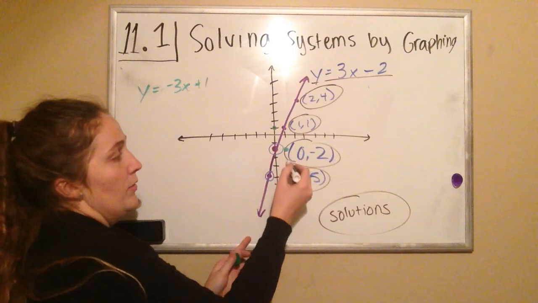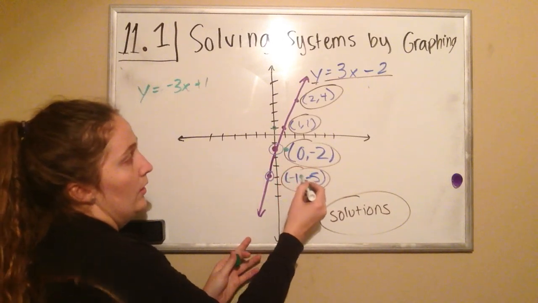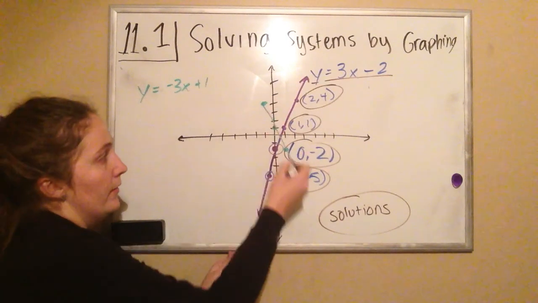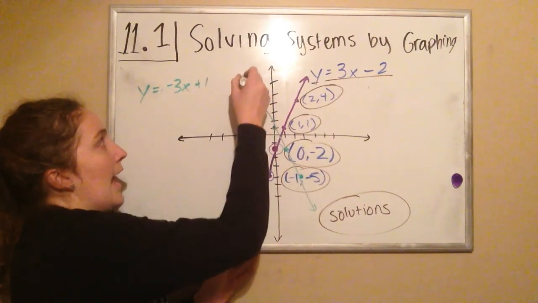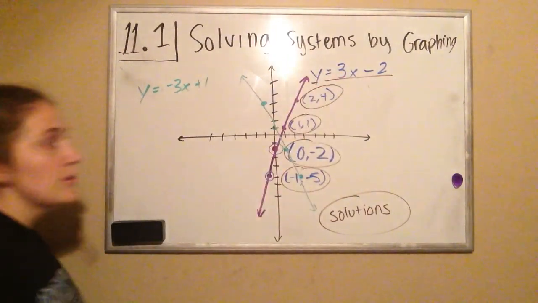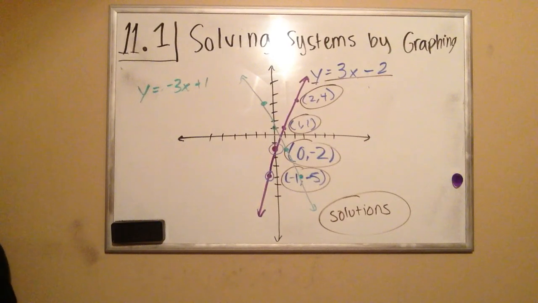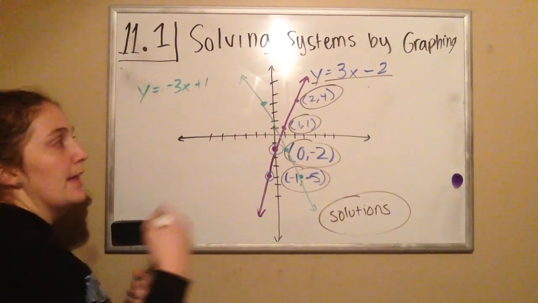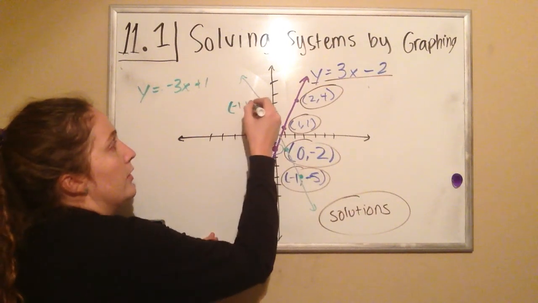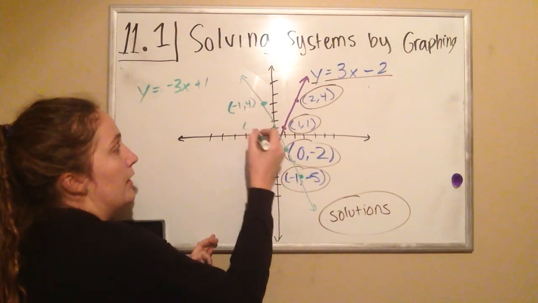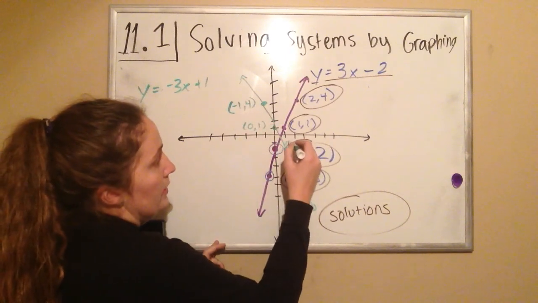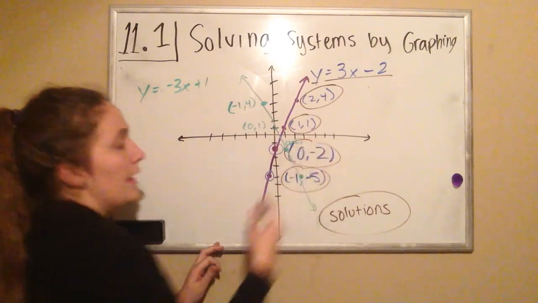Or up 3, back 1. Okay, and I'd get my line. Alright, so what I have here is a system of equations. I have at least 2 linear equations. And if we look on this graph here, some of my solutions of this graph are -1, 4, that point there. This point is 0, 1. This point is 1, -2, etc.